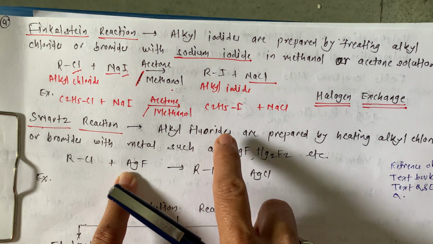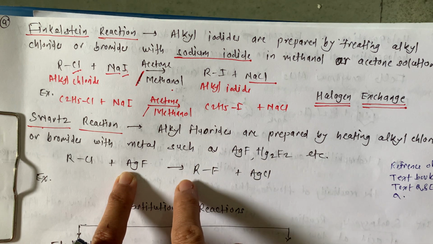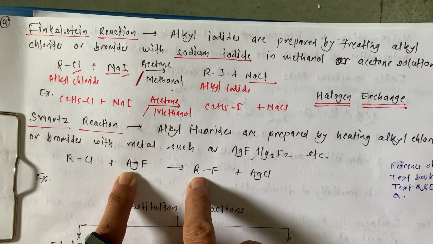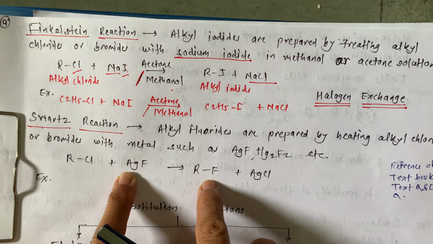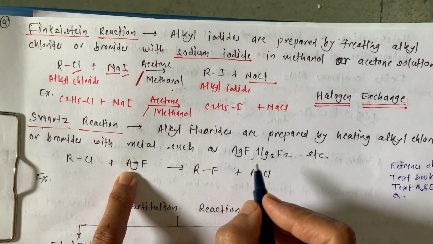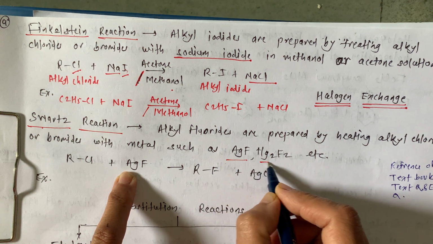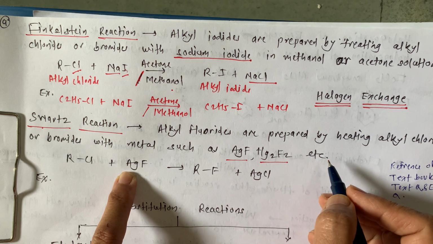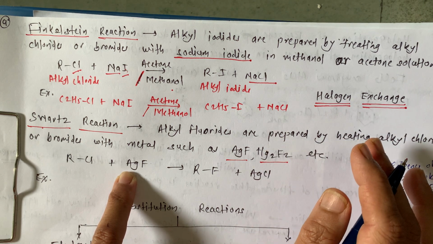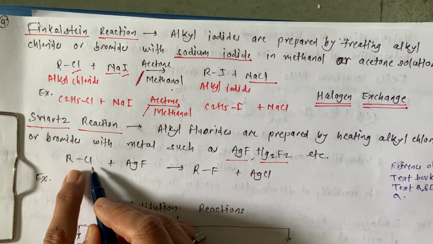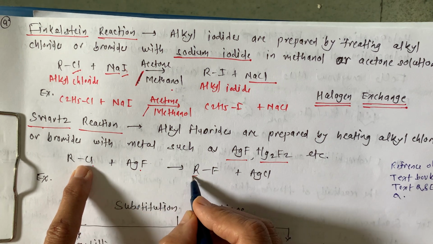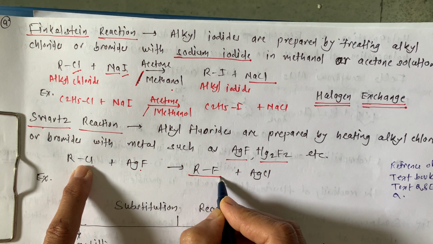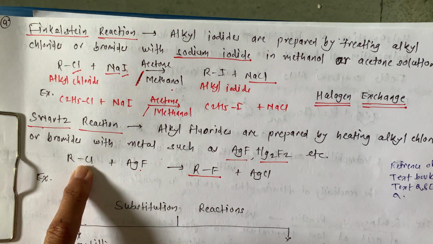That's why this reaction is very important, to easily get alkyl fluorides. You can use AgF, Ag2F2, AsF2 or Sb2F2, any you can use, and there is an exchange of chlorine and fluorine, and we easily get alkyl fluorides, which is very difficult in other methods.